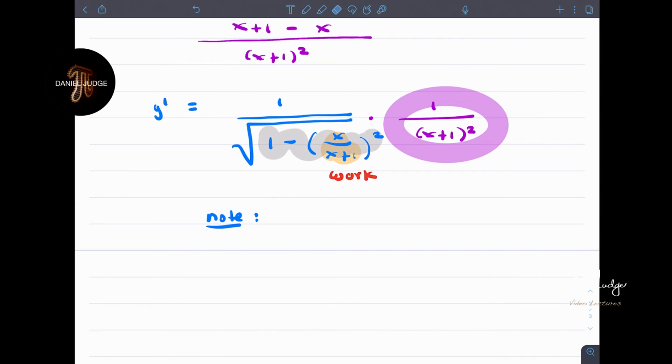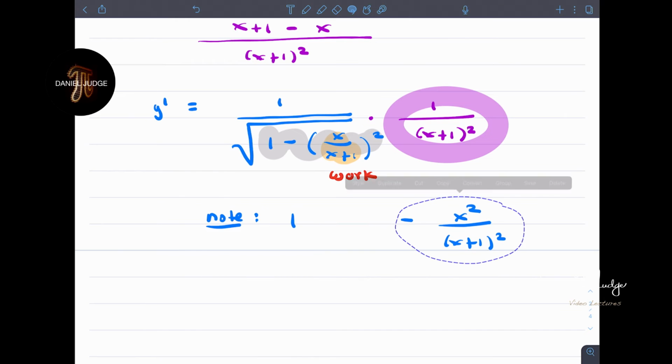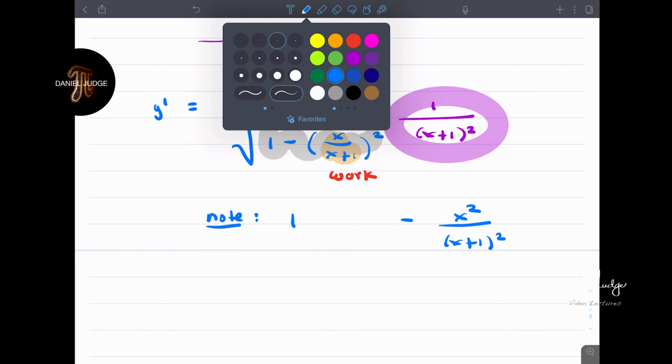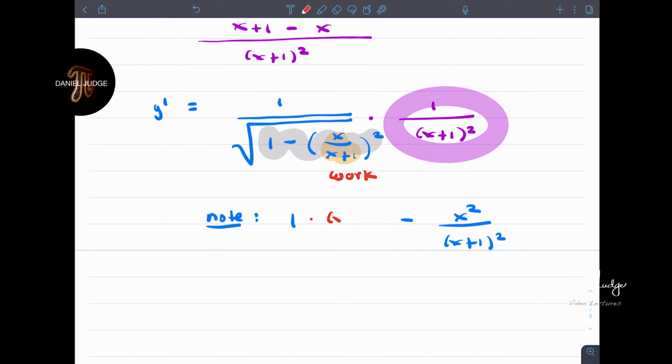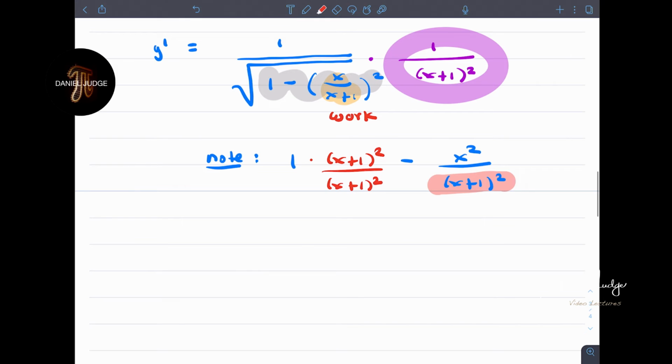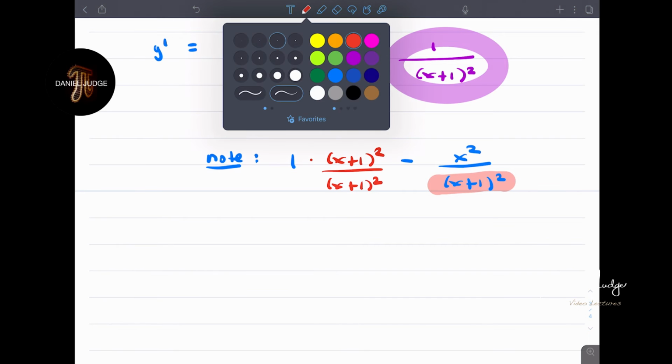This portion is going to be 1 minus x squared over x plus 1 squared. So you're really subtracting rationals, but remember, you need to have the same denominator if you're going to subtract. So we put that denominator of x plus 1 squared down here.